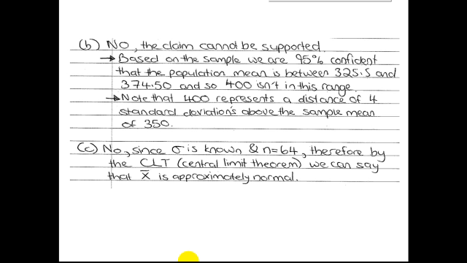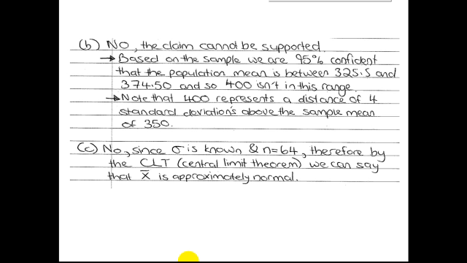If the manufacturer claims that on average the light bulbs last 400 hours, well, we've just finished a confidence interval that says based on the sample we got, we're 95% confident that the true population mean is between 325.5 and 374.5 hours. So 400 hours isn't in the range, and it's actually quite a distance from the range.